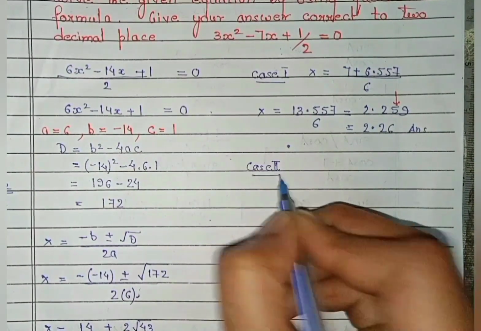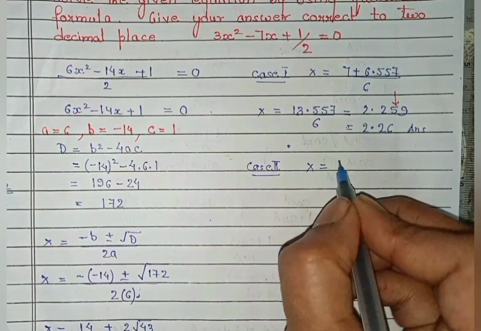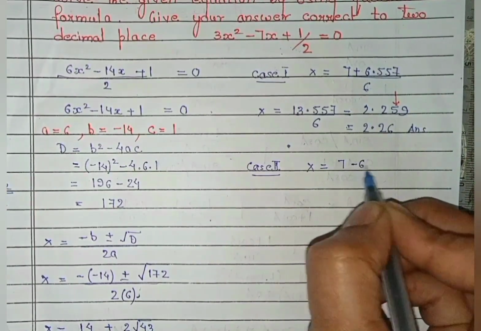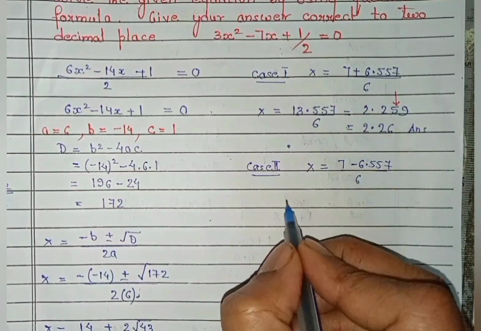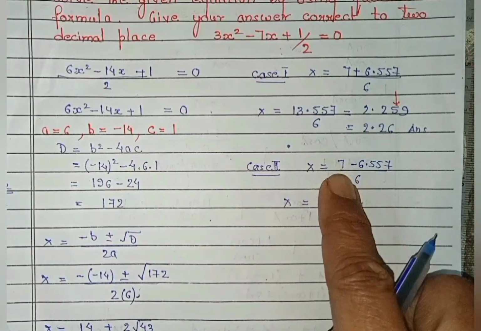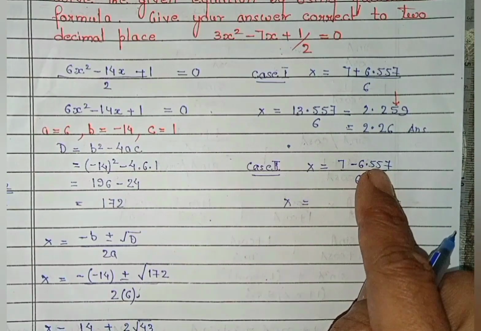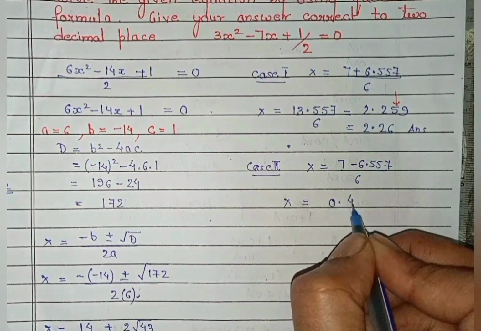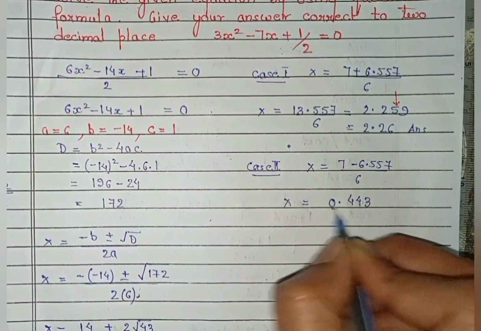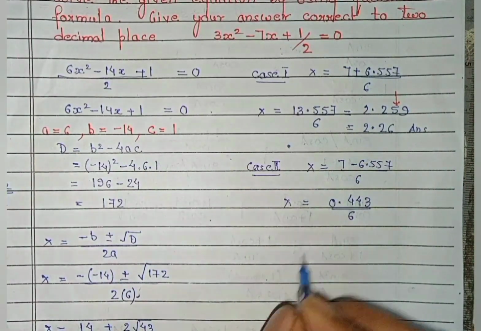In case 2 we have x is equal to 7 and here we have minus. Now from 7, if you subtract 6.557, you will be getting 0.443 upon 6.